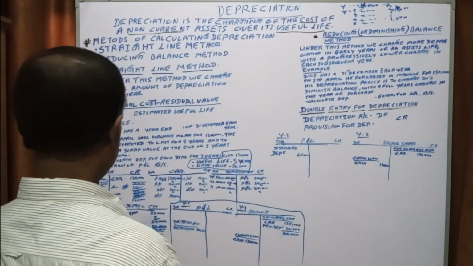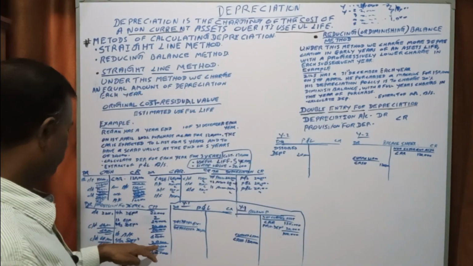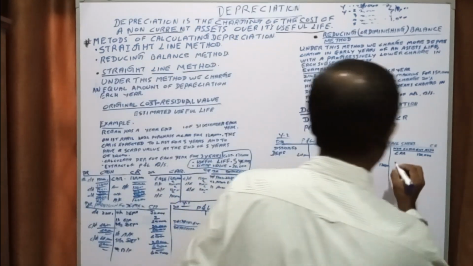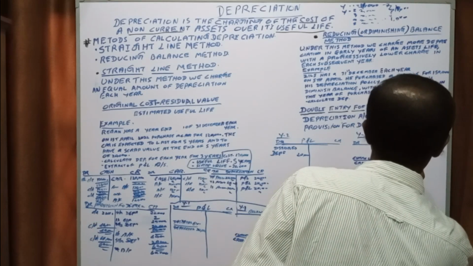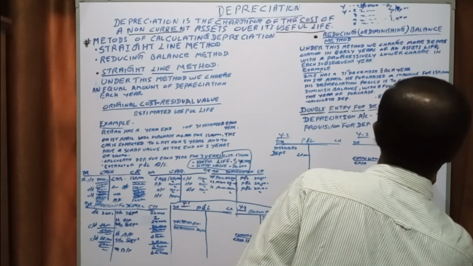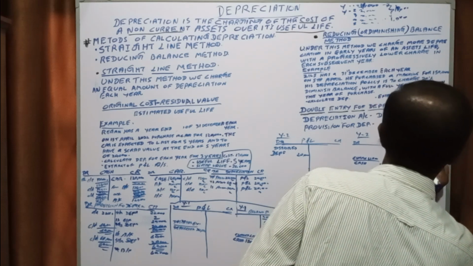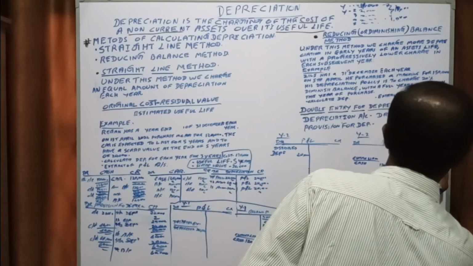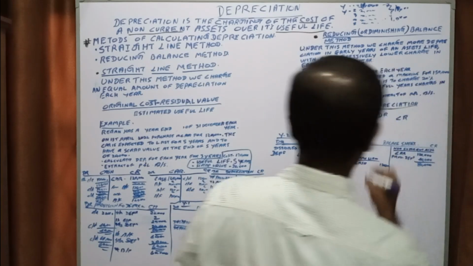Provision for depreciation is 40,000 here, carried forward, and the provision for depreciation of 40,000 is deducted. Then the value of the car is 80,000 in year 2.